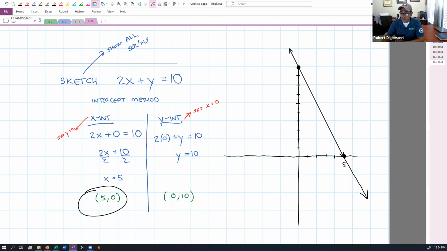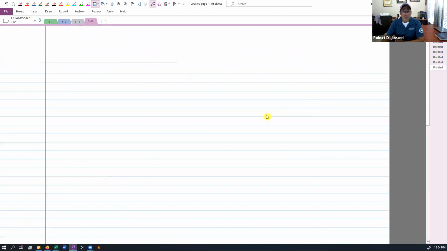So I'm going to now give you 3 problems to try on your own, and they're going to get progressively harder. I would like for you to sketch all of these. Problem A is 4x minus 3y equals 12.